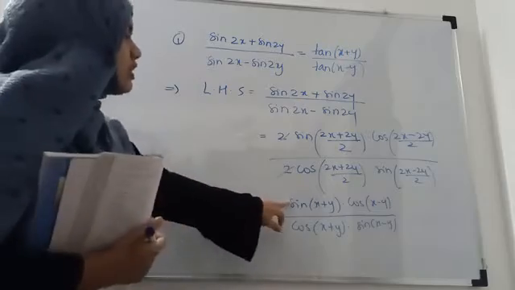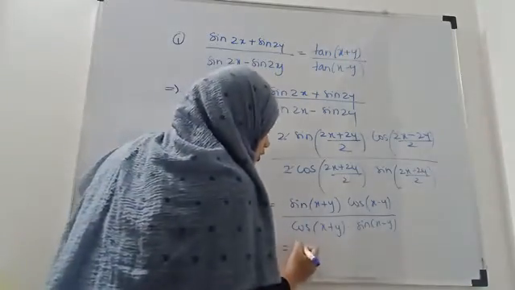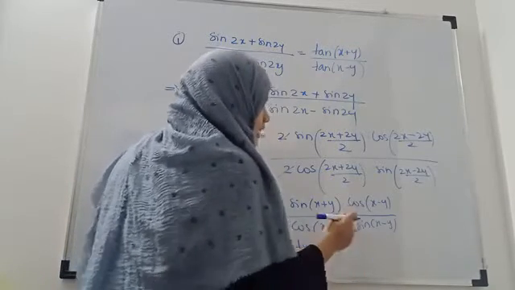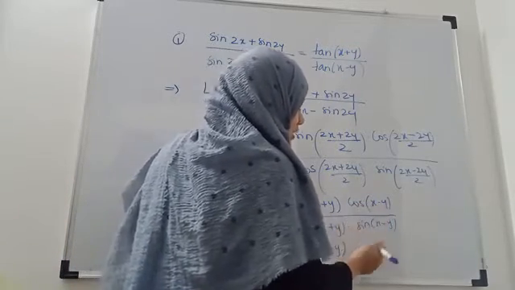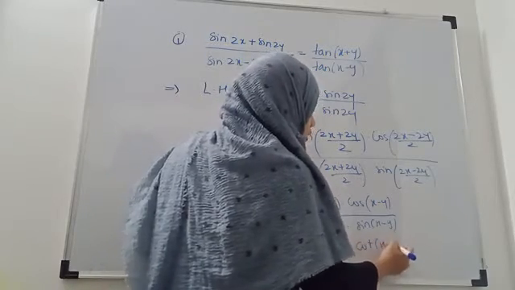Here sin of x plus y divided by cos of x plus y is equal to tan of x plus y, and cos of x minus y divided by sin of x minus y is cot of x minus y.